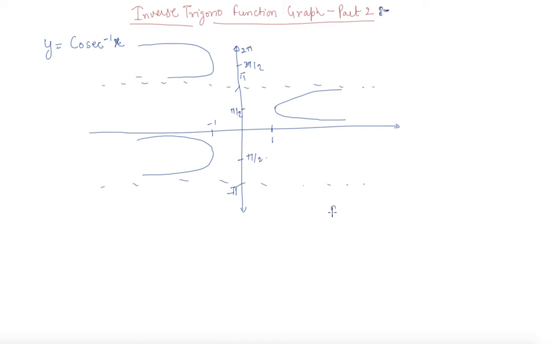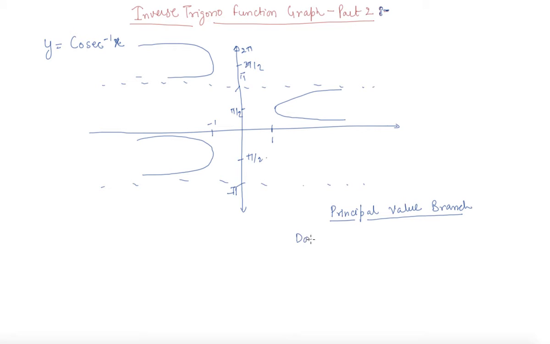Now I will write the principal value branch. Students, I am telling you here side by side the principal value branch, and after this lecture we will discuss some questions on the principal values. Okay, so kindly note down these principal value branches very carefully.